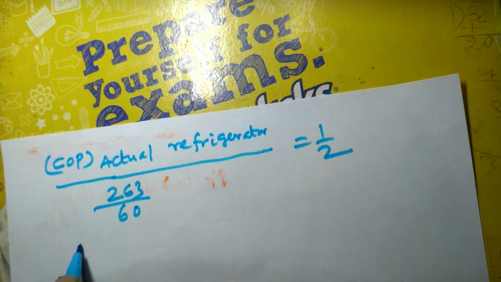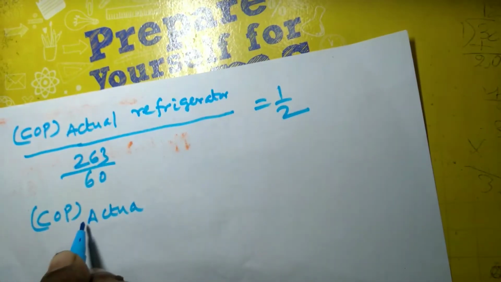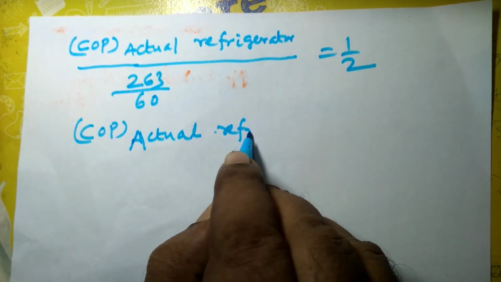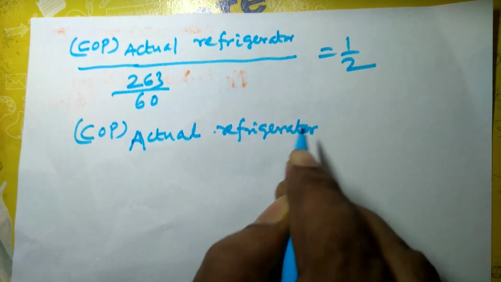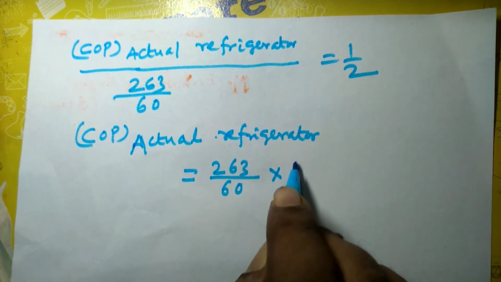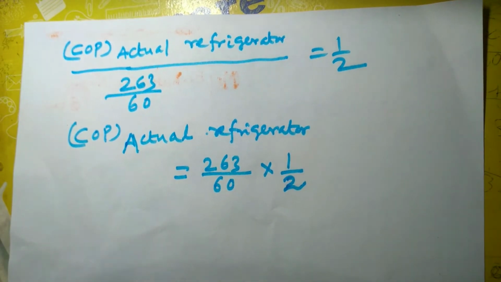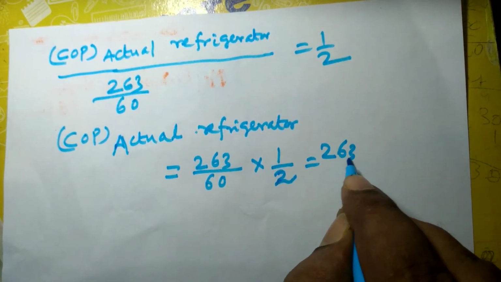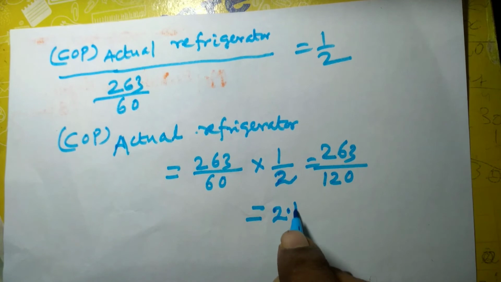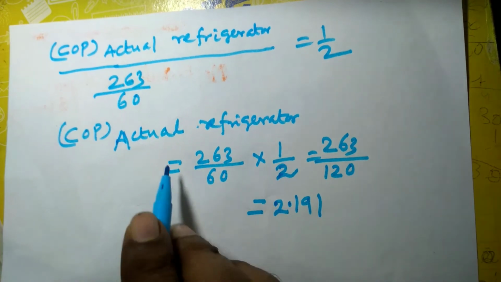Now we calculate the COP of the actual refrigerator: it is 263 divided by 60 multiplied by 1 by 2, which equals 263 divided by 120, which is 2.191. This is the COP of the actual refrigerator.